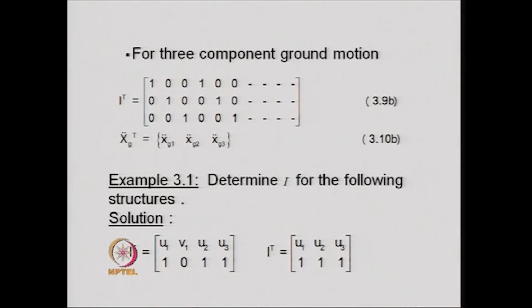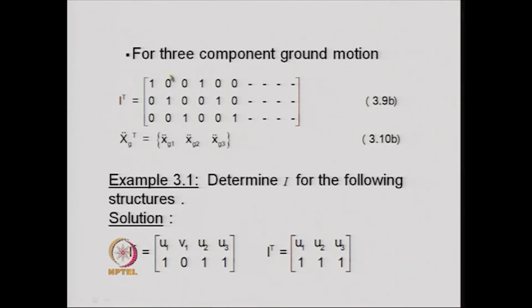For 3 component ground motion, in a similar fashion, we can show that the influence coefficient vector will be of this type: 1 0 0, then 1 0 0, then 0 1 0, 0 1 0 and so on. So, in this way one can write down the influence coefficient vector for the 3 component ground motion.